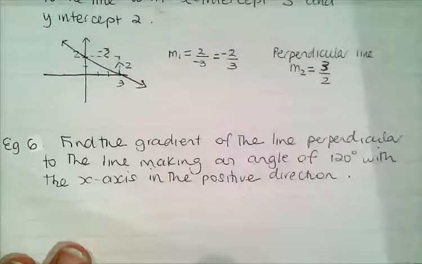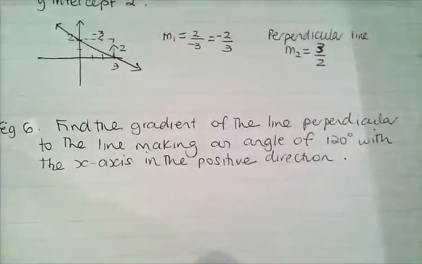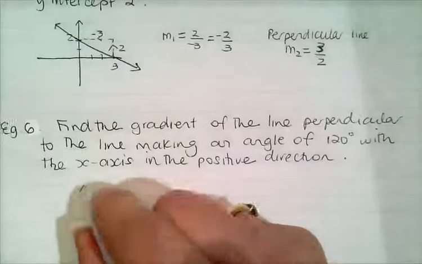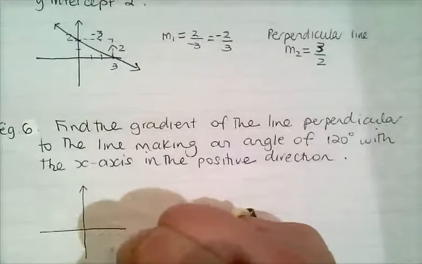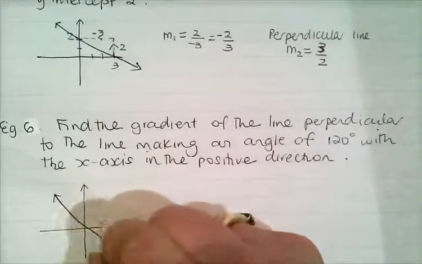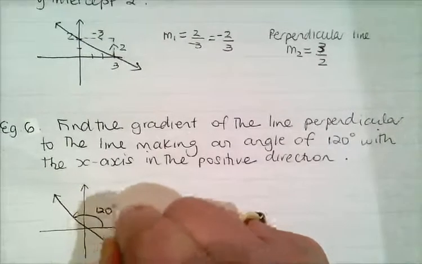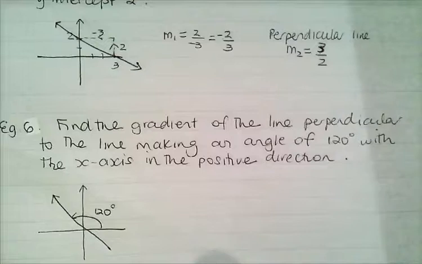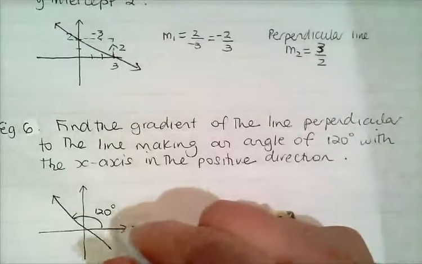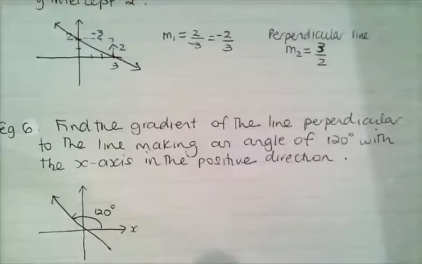Now example 6. In this example we are finding the gradient of the line that is perpendicular to the line making an angle of 120 degrees with the x-axis in the positive direction. So I'm just going to draw that. My line makes an angle of 120 degrees with the x-axis. Here's my x-axis, and that's the positive direction of my x-axis.